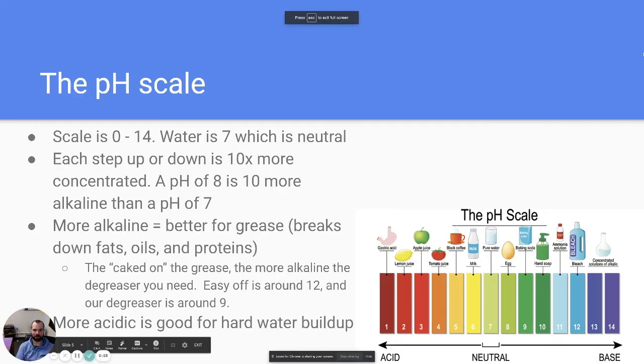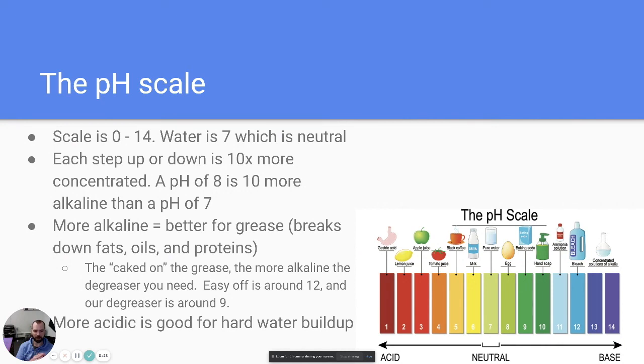Next, let's move on to the pH scale, and we're going to start tying together everything that we've been talking about. The pH scale is a scale of 0 to 14. 7 is right in the middle, totally neutral. Water is 7, and that's what the pH scale is based on, water with a neutral pH of 7.